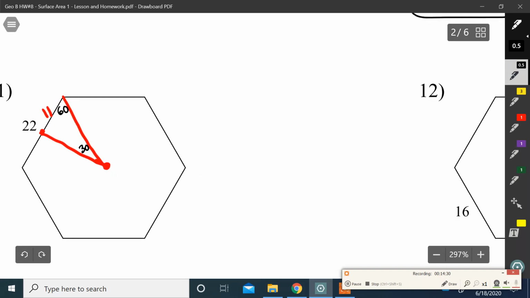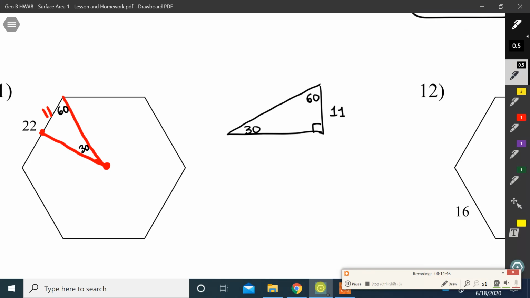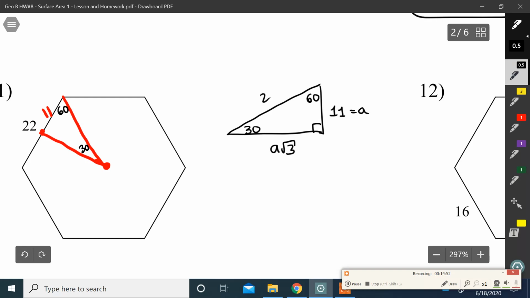So in a 30, 60, 90 triangle, this part right here should be 11. Remember, we have a square root of 3, this is a, and this is 2a. That means that if a is 11, this is 11 square root of 3.